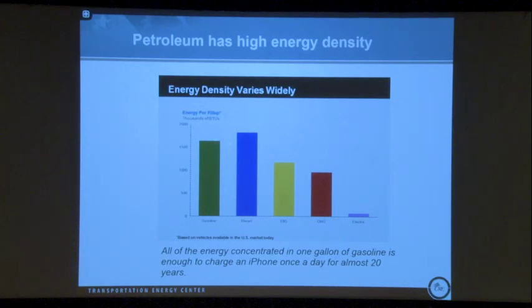You can see the energy density from petroleum fuels is so high, and that's why I think combustion is going to continue being the primary source of energy for a long time in the future. For example, 1 gallon of gasoline is enough to charge up your iPhone for a day for almost 20 years, to give you a perspective, rather than plugging it into an electrical outlet.